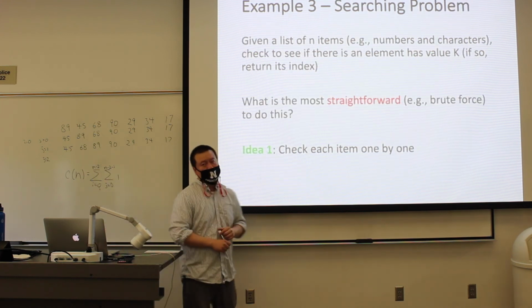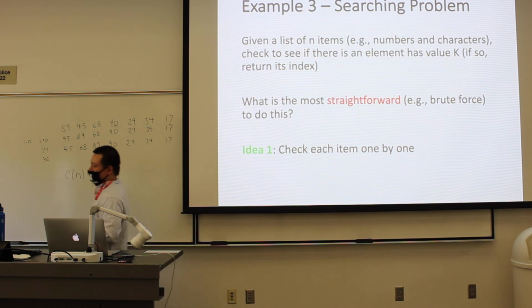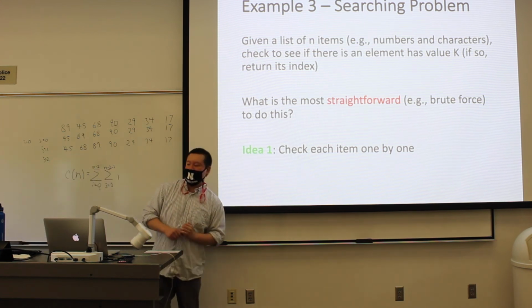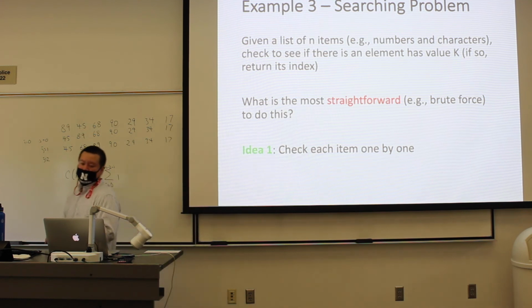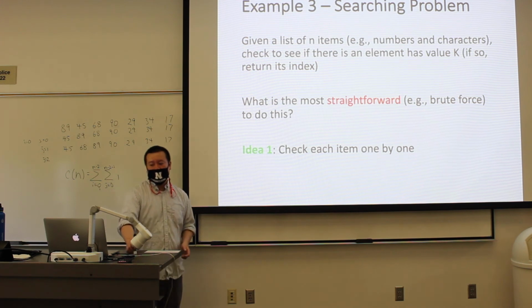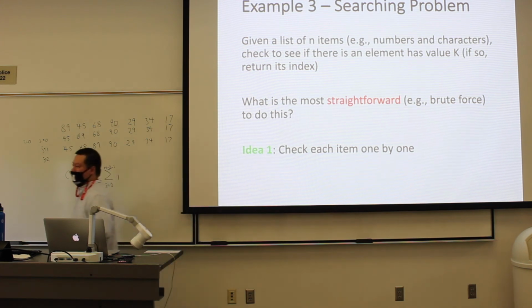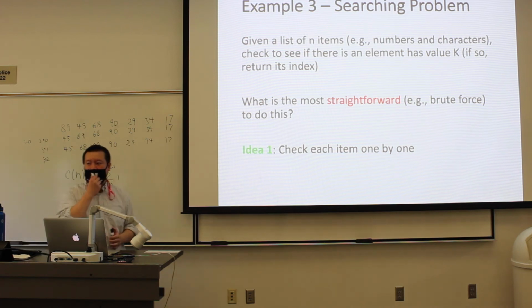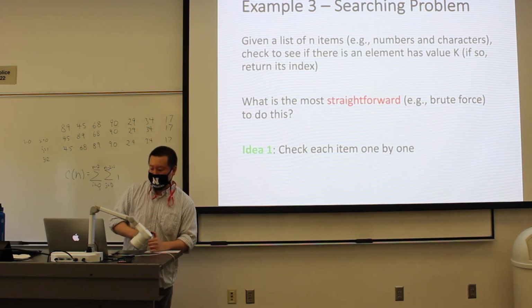Now, the next question, I think most of you are kind of familiar with, is the searching problem. Here in this searching problem, we're given a list of n items, and we want to check if there is an item that has the exact value of k.